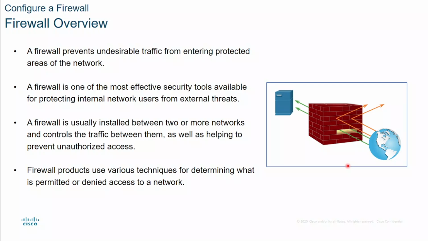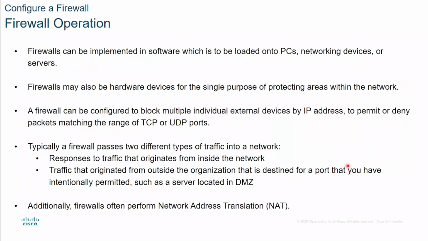Firewall products use various techniques for determining what is permitted or denied into the network. Some of those techniques could include port filtering, so that some kinds of services are denied over that particular network.